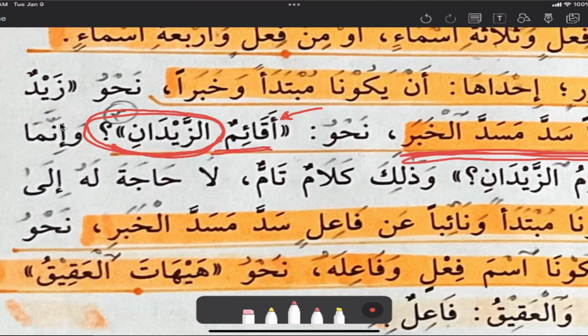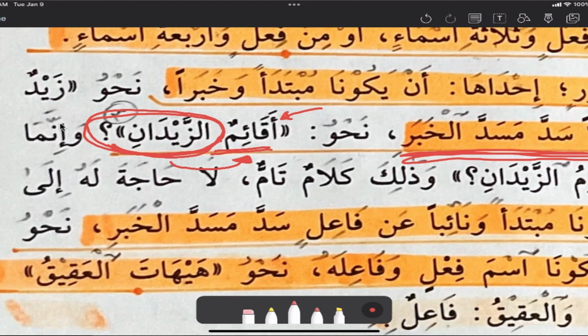Where's the verb? There's no verb here for that to be a verbal subject. It's bouncing off of this word qa'im. Even though it's not a verb, though. It's treating that word qa'im like a verb, and it's not a verb.